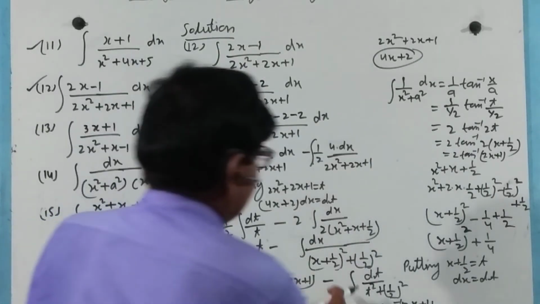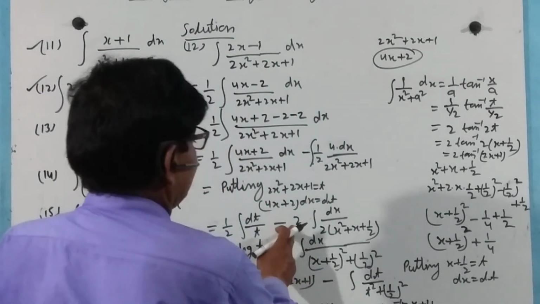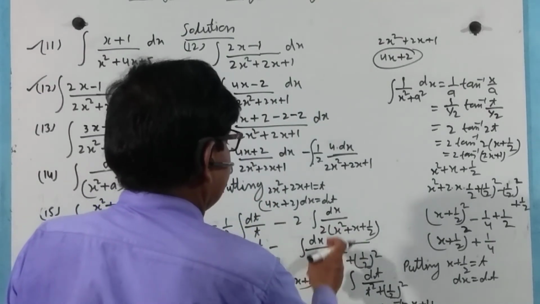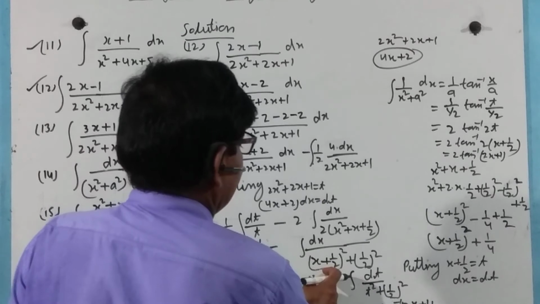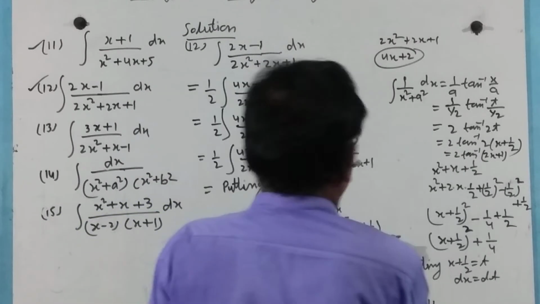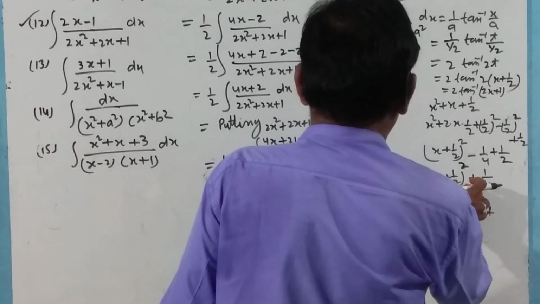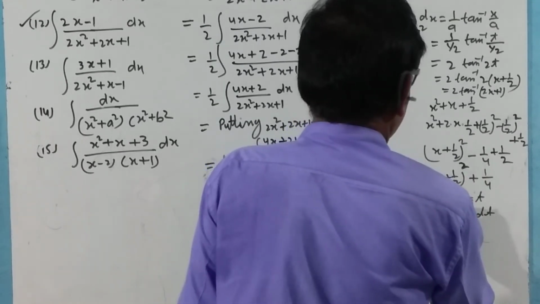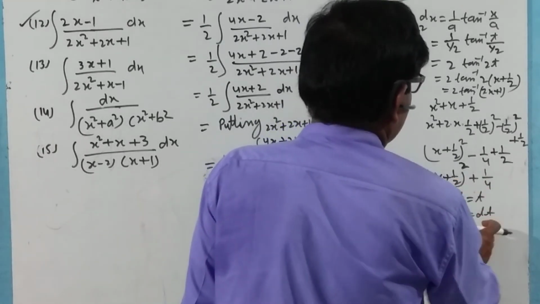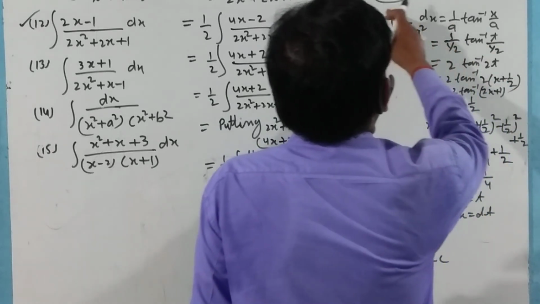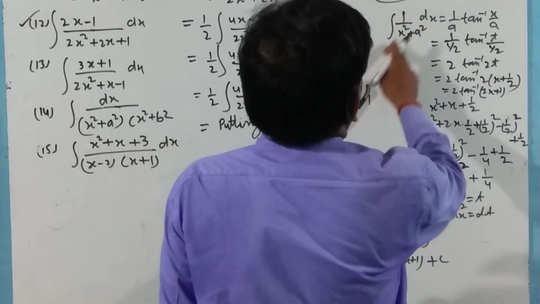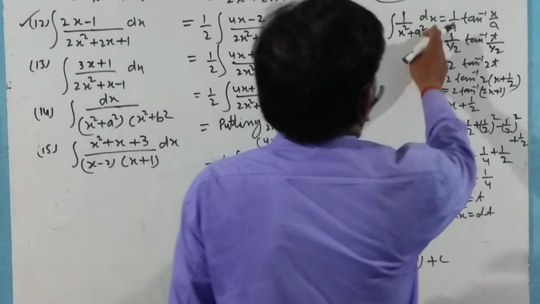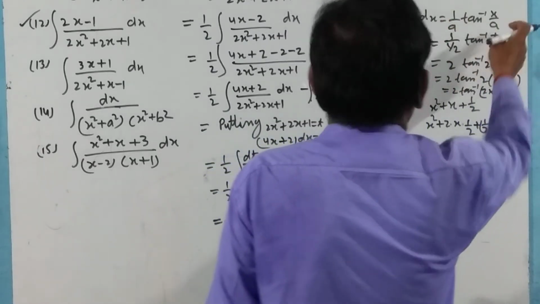Now here in this case 2 and 2 cancel, so dx by x plus dx by this can be written as x plus half whole square plus 1 by 4. Putting x plus half equal to t, dx equal to dt, we know that the integration of 1 by (x square plus a square) dx equals 1 by a tan inverse x by a.